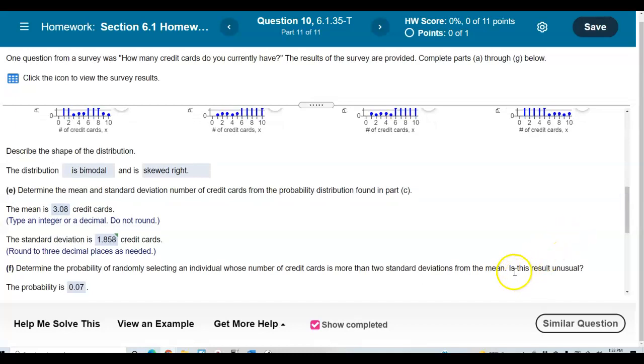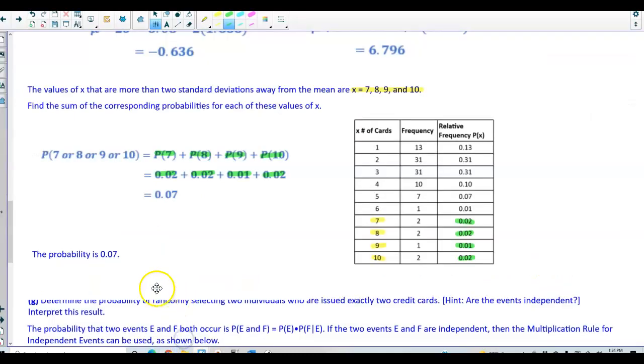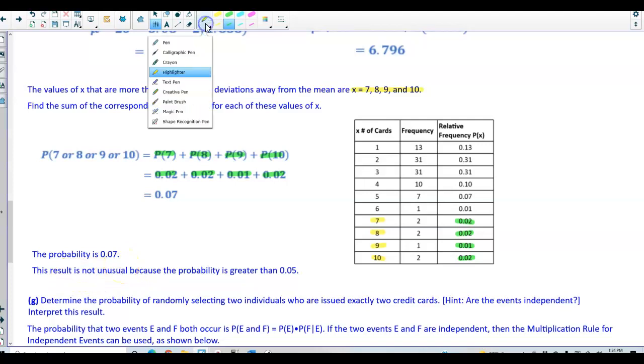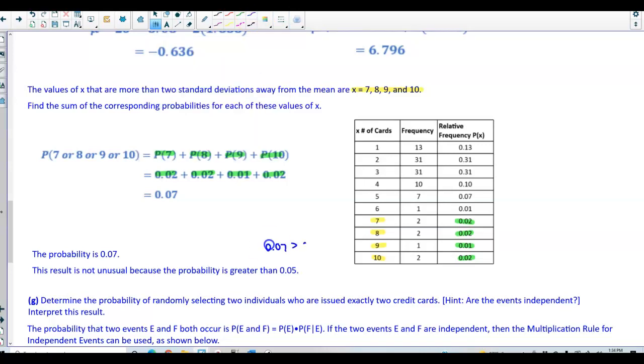Now we need to determine if this result is unusual. Well, remember that in order to determine if it's unusual or not, we need to compare it to 0.05. Now, we know that 0.07 is greater than 0.05.